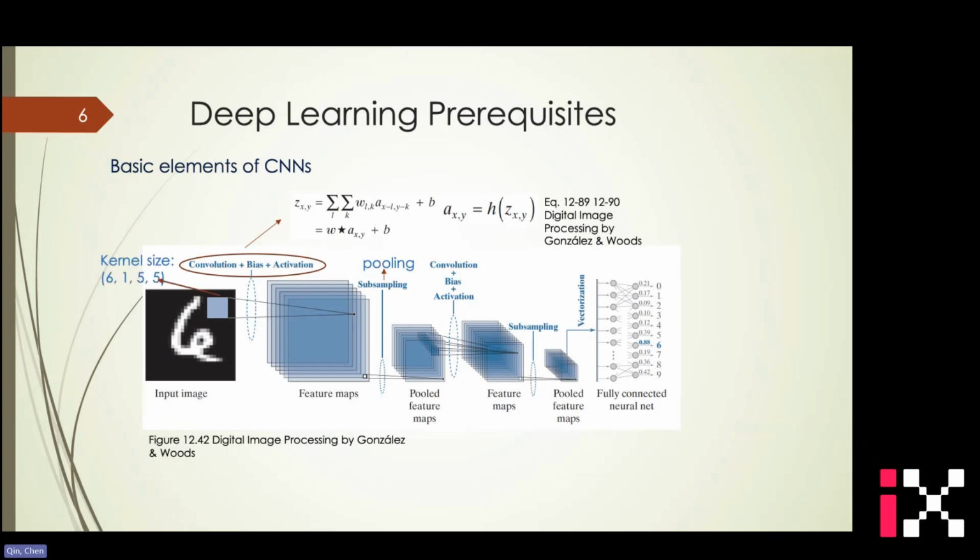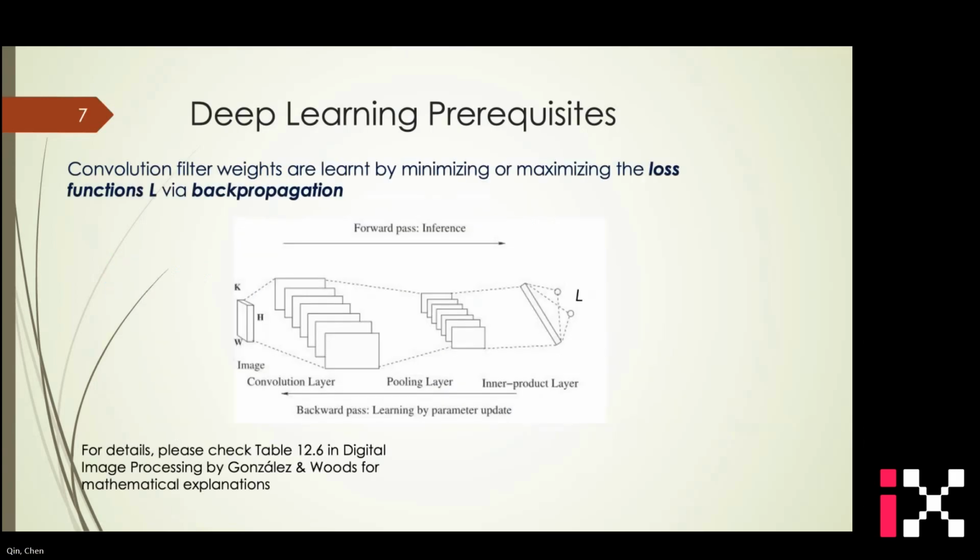Here we have the kernel size, if you see my cursor. Typically the kernel will have 4 dimensions. The first is the number of kernels, and the second is the channel size of the previous images. For instance, here we have an image with just a single channel, so we have one here. Then that is followed by the kernel size, a 5 by 5 window.